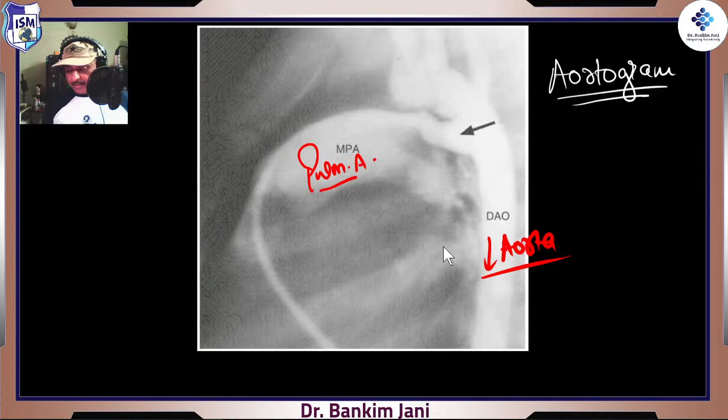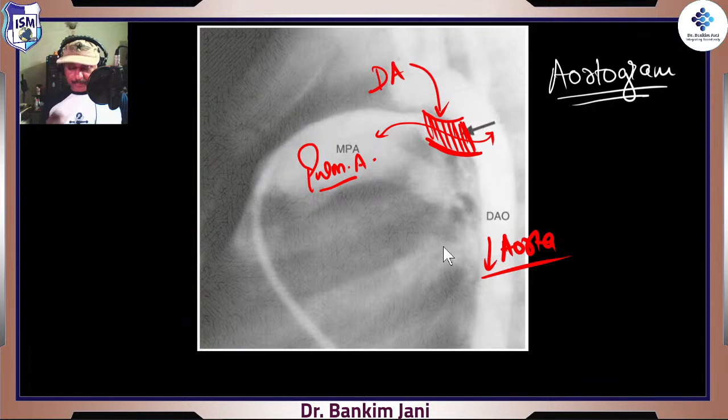When you are injecting the dye, that dye is getting mixed, and that's the presentation, that's the location of the ductus arteriosus. And because it is patent, because it is open, that's why it is called patent ductus arteriosus.